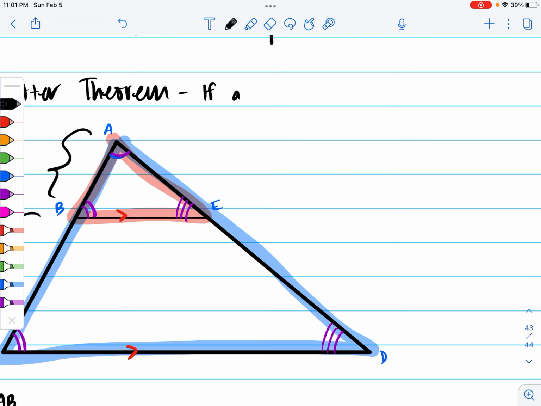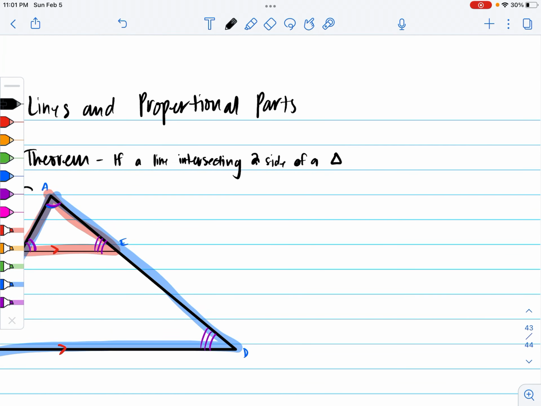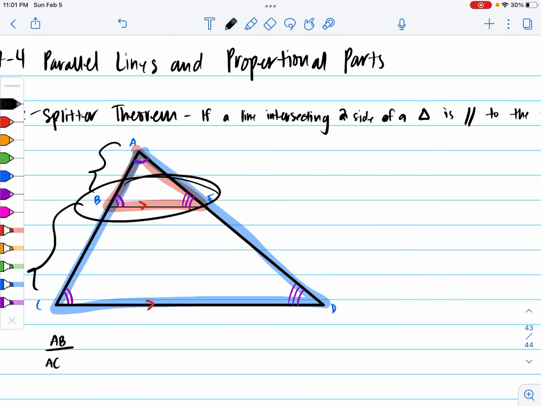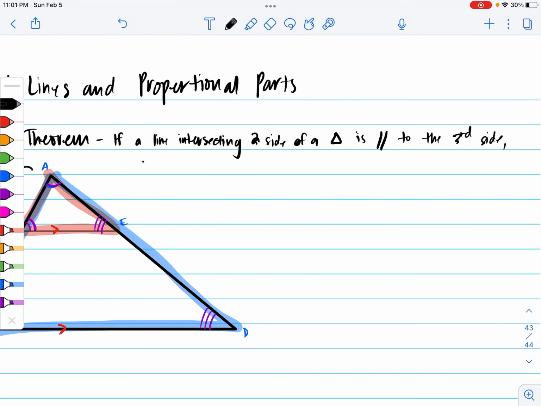If a line intersecting two sides of a triangle is parallel to the third side, so here's the third side that is parallel, BE and CD, it divides the sides proportionally.